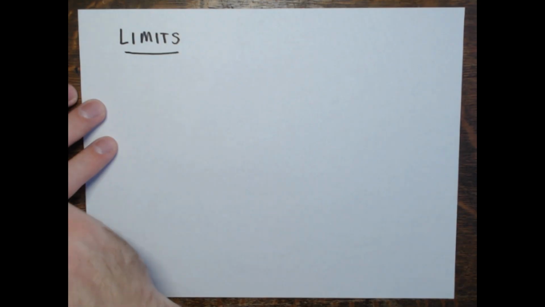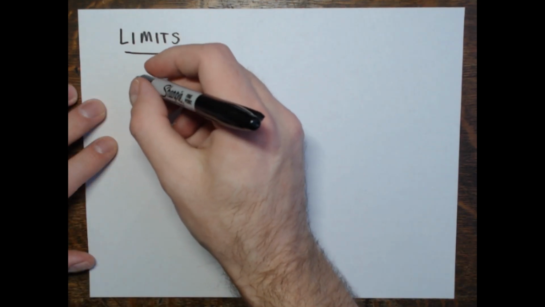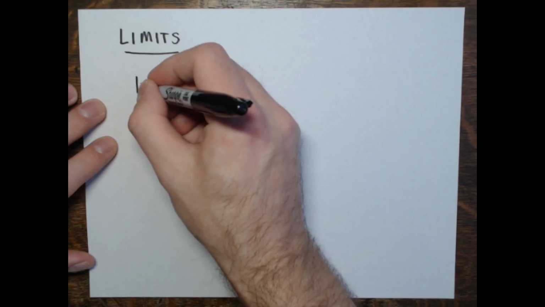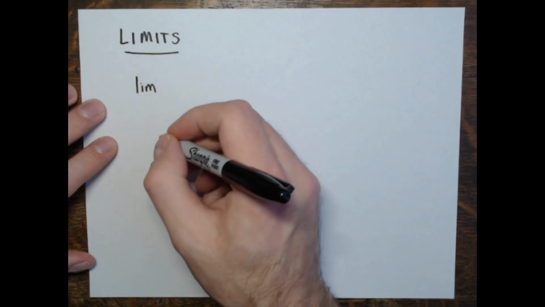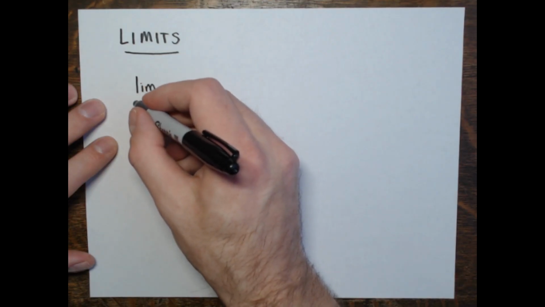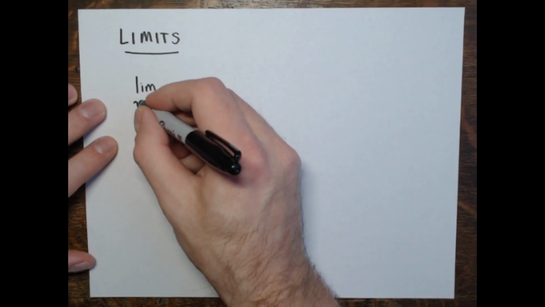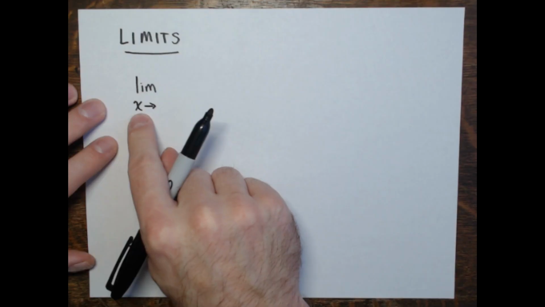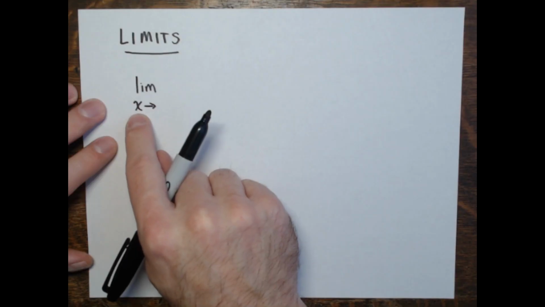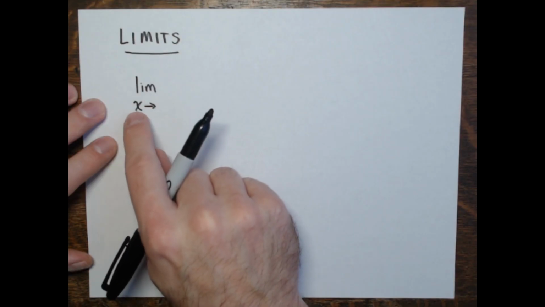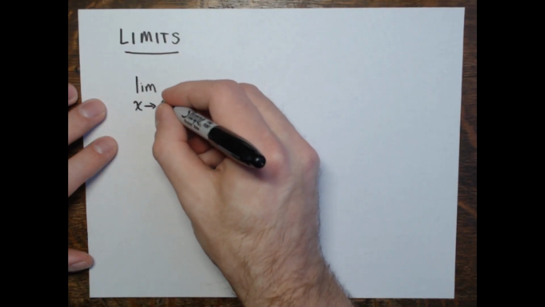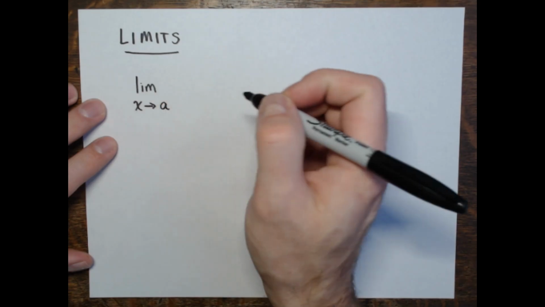All right, so limits, the notation you're going to be coming across quite often is this LIM for limit, and then below that you'll have some variable. It's not always x, but in my initial notation here I'll have x approaches, little arrow, and then some value called a.